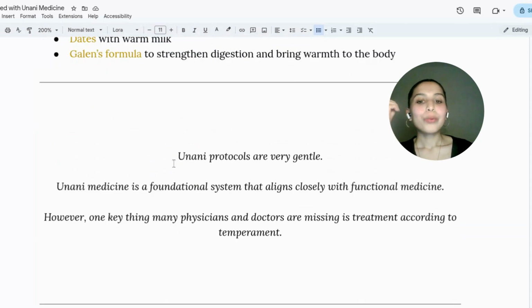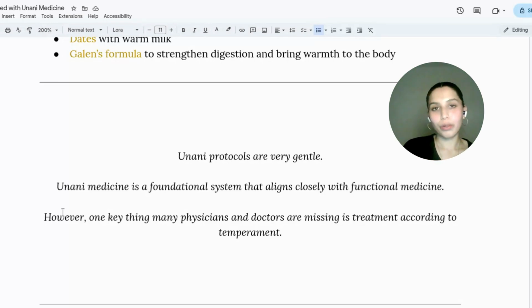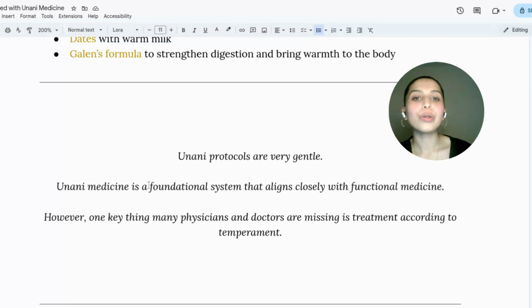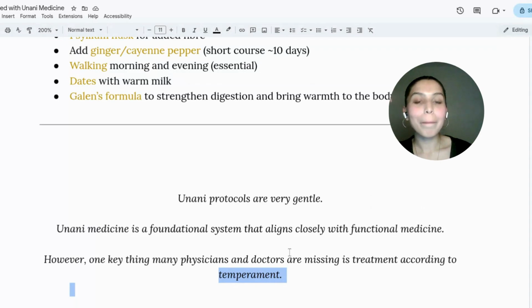So the Unani protocols are very simple. It aligns very, very closely with functional medicine. We do not negate anything from functional medicine. However, we include the digestion, we include the temperament in our treatment, because it makes the treatment more on target.